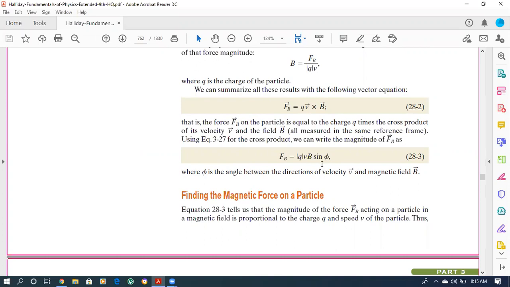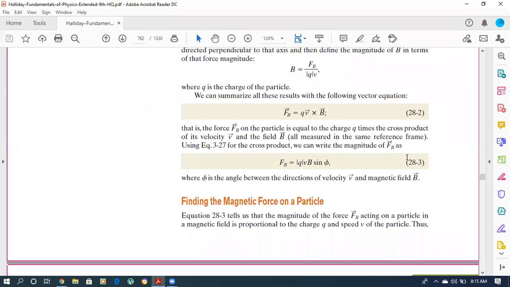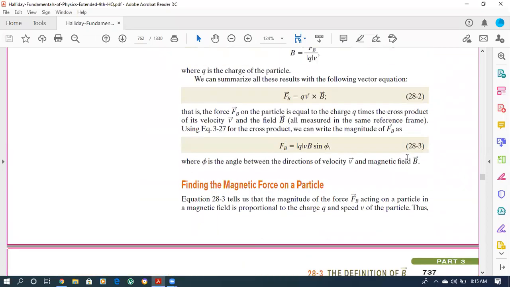Otherwise, if a particle is moving parallel to the direction of the magnetic field, it will not detect any force. So in order to determine the resultant force, the final direction in which the charged particle will prefer to move, it will be predicted based on this equation and this vector product.